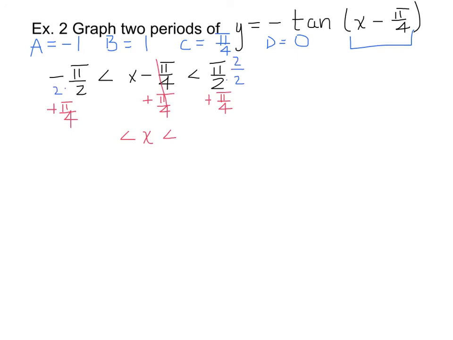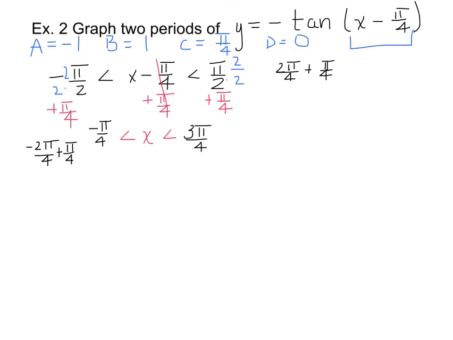And the same thing over here. So I'm going to get 2 pi over 4 plus 1 pi over 4 gives me 3 pi over 4. And over here I have negative 2 pi over 4 plus 1 pi over 4 gives me negative 1 pi over 4.